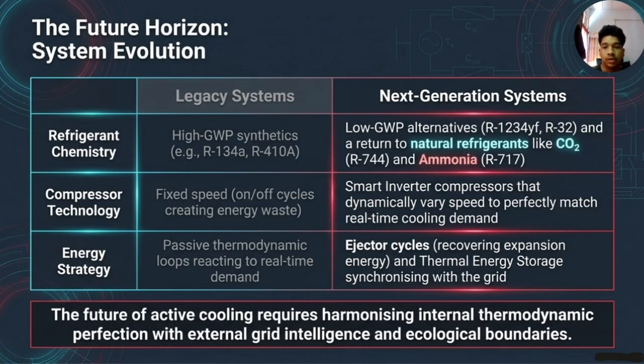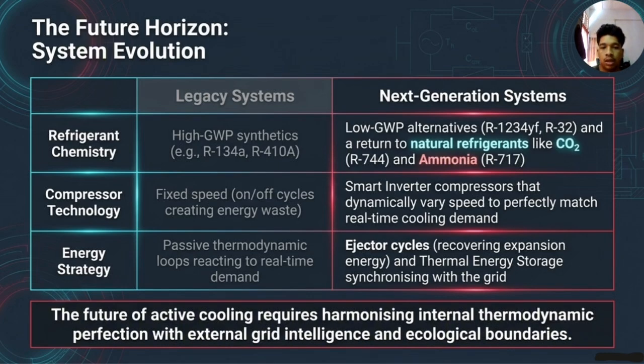Next, we go to the comparison within the system evolution. The first one is the refrigerant chemistry. The older systems use high GWP synthetics, which are R134A and R410A, which is not good for the environment because they release greenhouse gas.